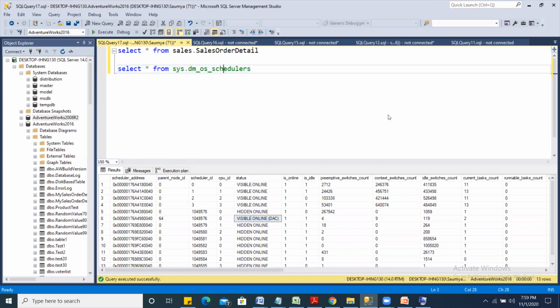Now, what happens? I executed this query. So a plan is generated for this query, right? On the basis of the plan, whether a serial plan or a parallel plan has been generated for this query, threads will be decided. Since it is a very simple query, a serial plan will be generated.